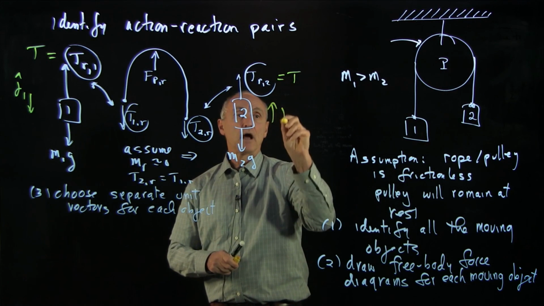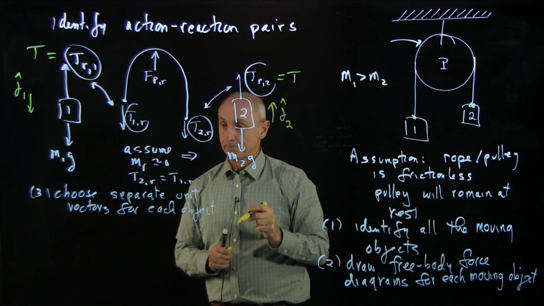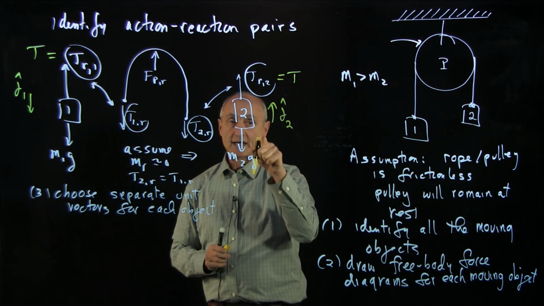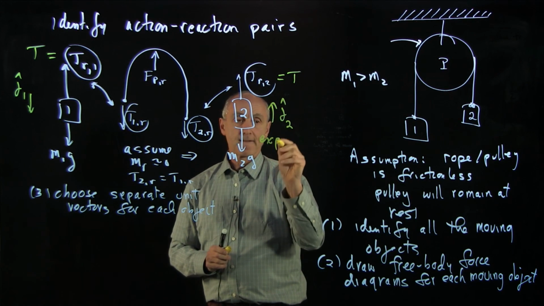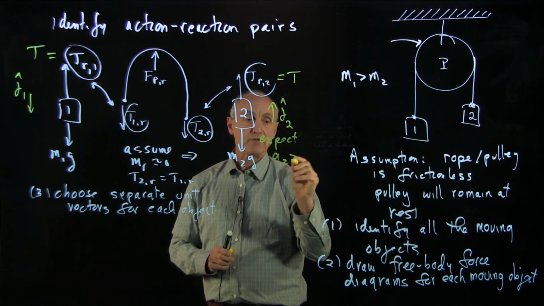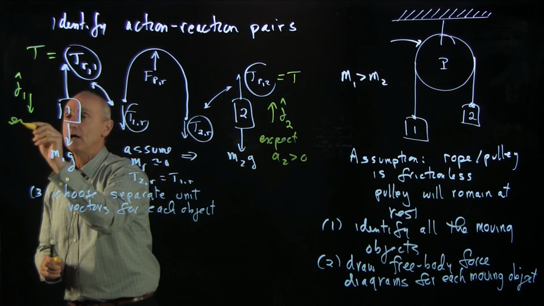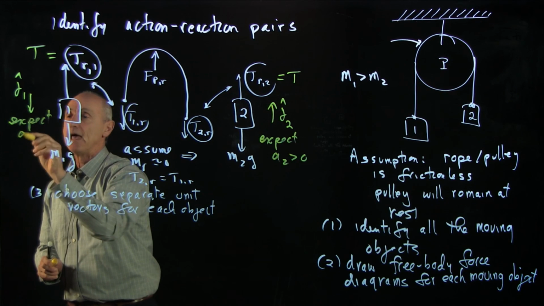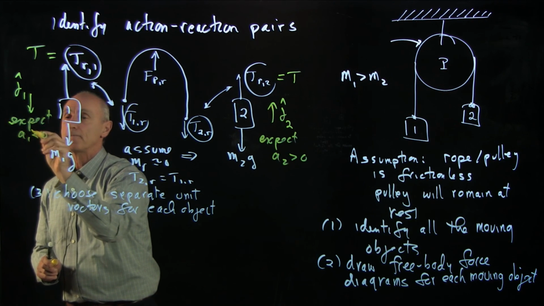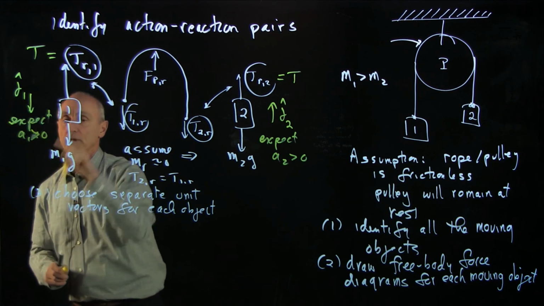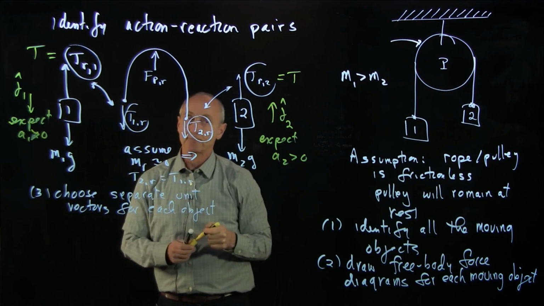So here, I'm choosing j hat 2. And when I choose that, I expect a2 to be positive because m2 is going up in the direction of j hat. And here, I expect a1 to be positive also because m1 is going down.